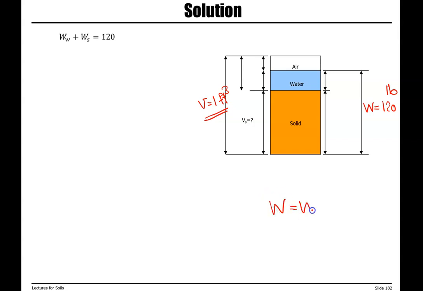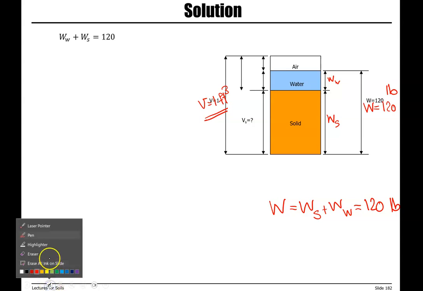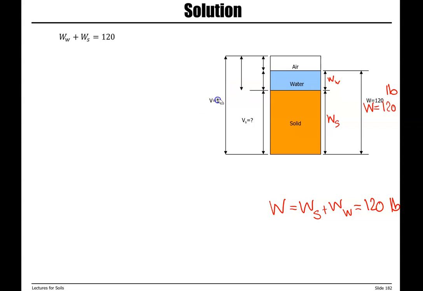Then we also know total weight is weight of solids plus weight of water. So weight of water plus weight of solids is 120 pounds. The question also told us that water content of this soil sample is 36%.